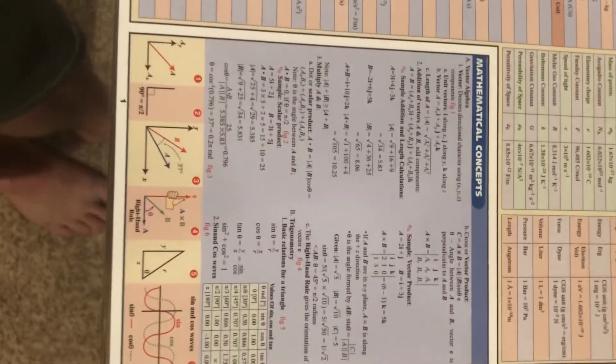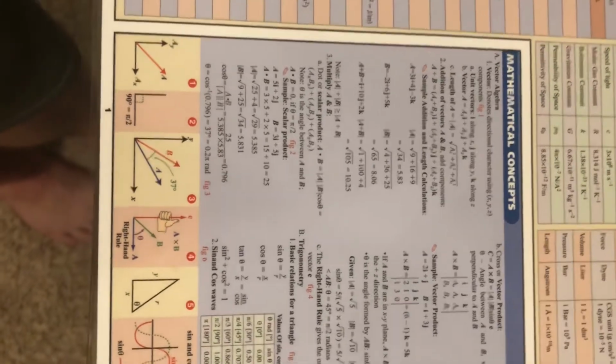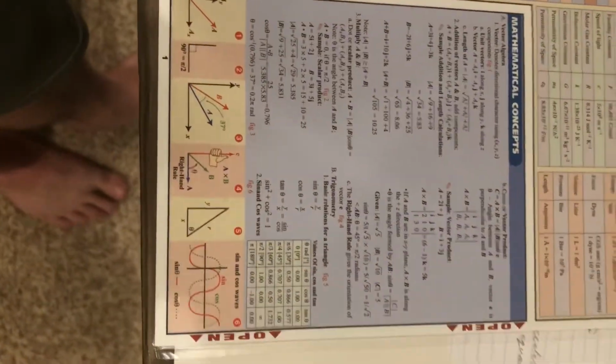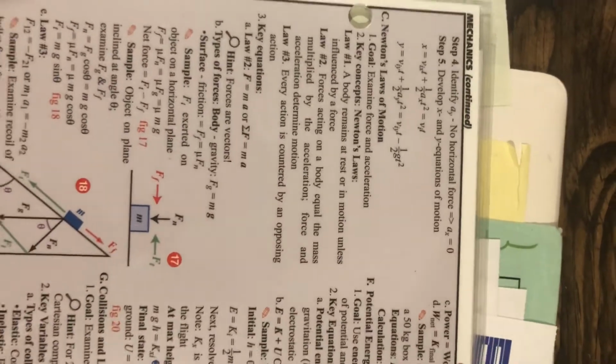And it really did help me, as it has our vector algebra, the cross product, different trig functions, and of course, right here, the kinematic equations that we used through homework 1 and also the quiz, which was very good, and I really felt that I did well in that, and studying with other people really helped me to get that.